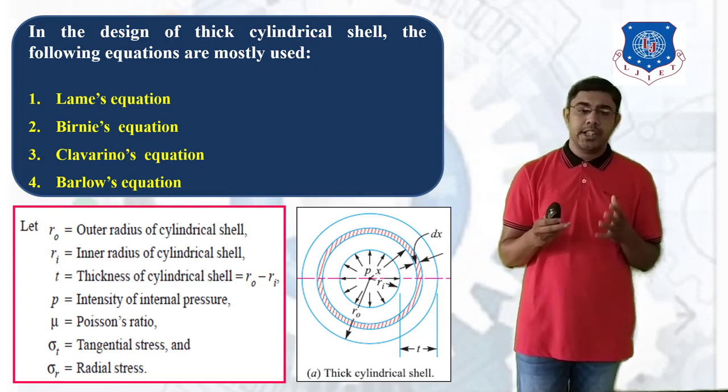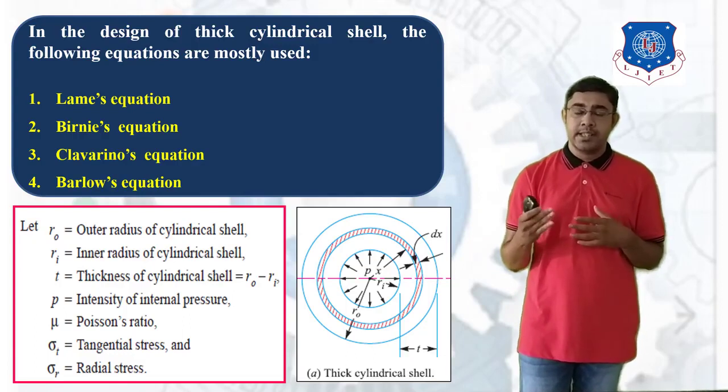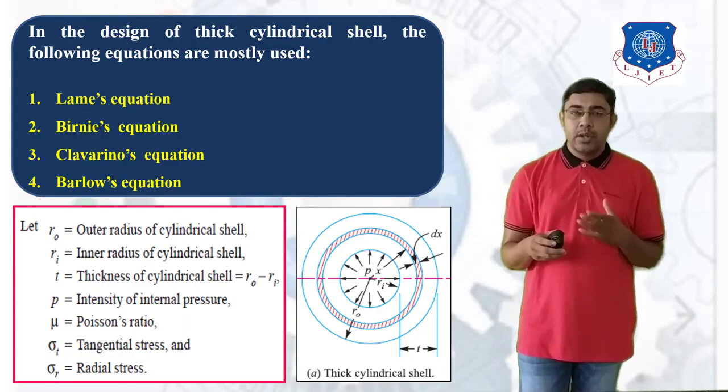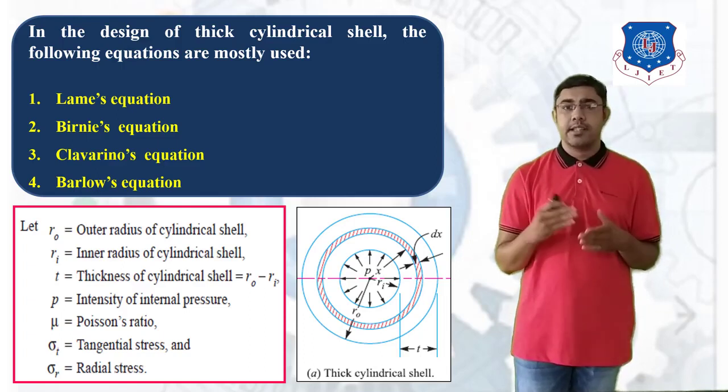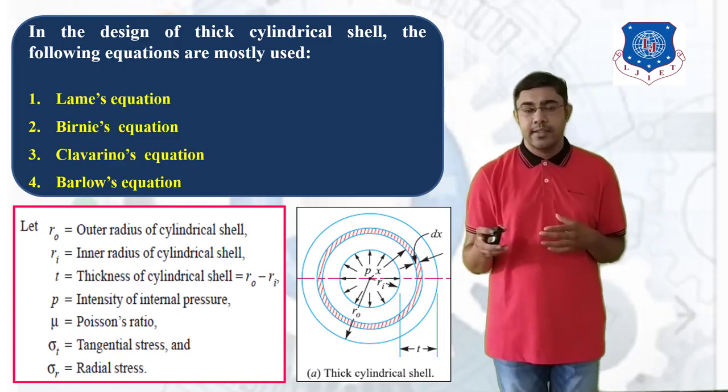P is the internal pressure, or intensity of internal pressure. Nu is the Poisson's ratio, sigma T is the tangential stress, and sigma R is the radial stress.